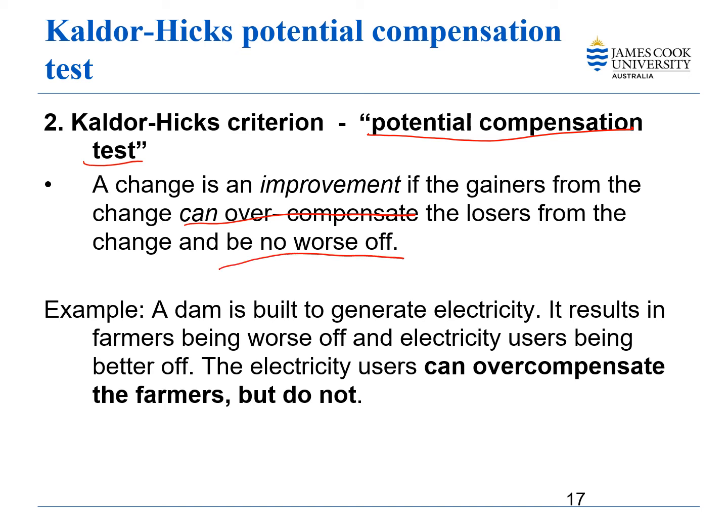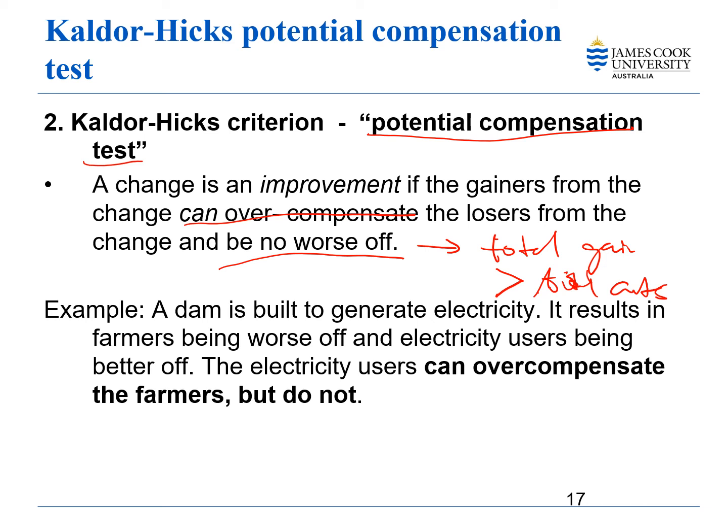They do not need to actually compensate. Okay, this says that as long as the total gains to the gainers are bigger than the total cost to the losers, the gainers can overcompensate, but do not necessarily do this.